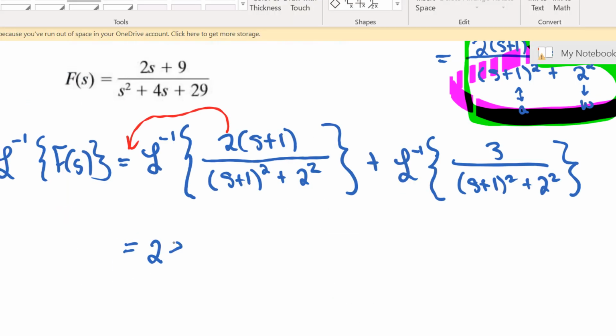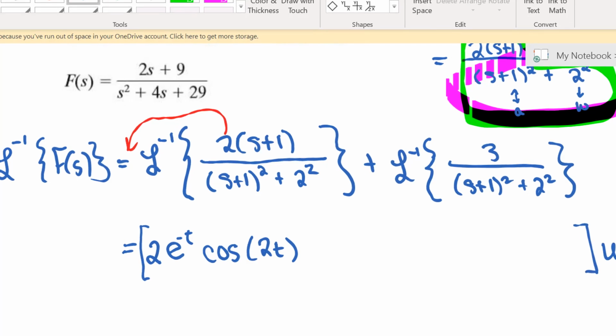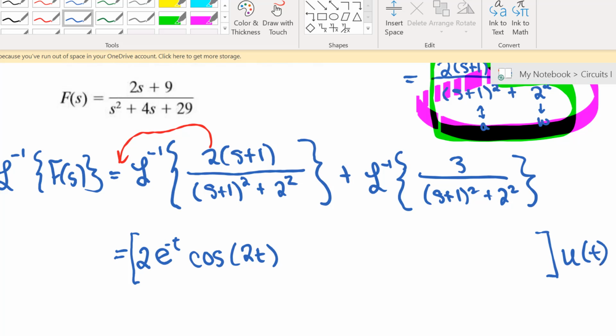So e to the, and remember a was 1, so e to the negative 1t, or just e to the negative t, cosine omega was 2. I'm going to do brackets because I am also going to need to multiply both pieces by the unit step function, so I'll just factor it out at the end.